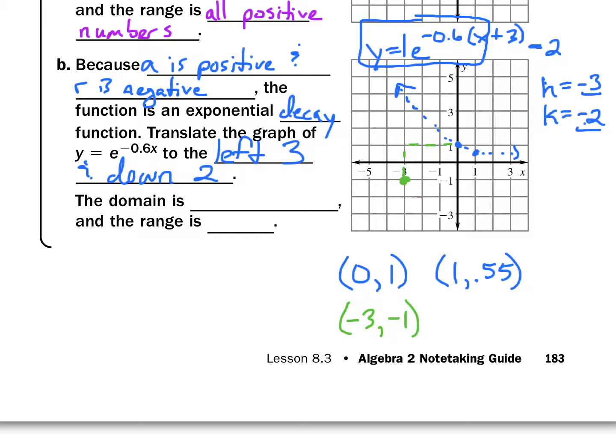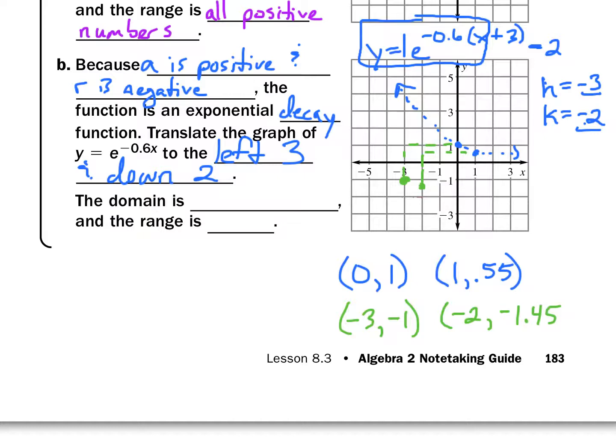And then my other point, if I shift over to the left 3 and down 2, is going to be at negative 2, comma, and then I have to take 0.55 and subtract 2. Well, 0.55 minus 2 would be negative 1.45. So that's why I've got this right above the mark there.